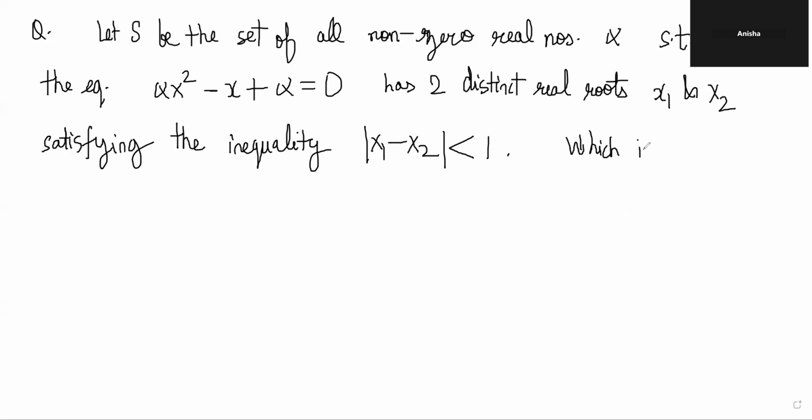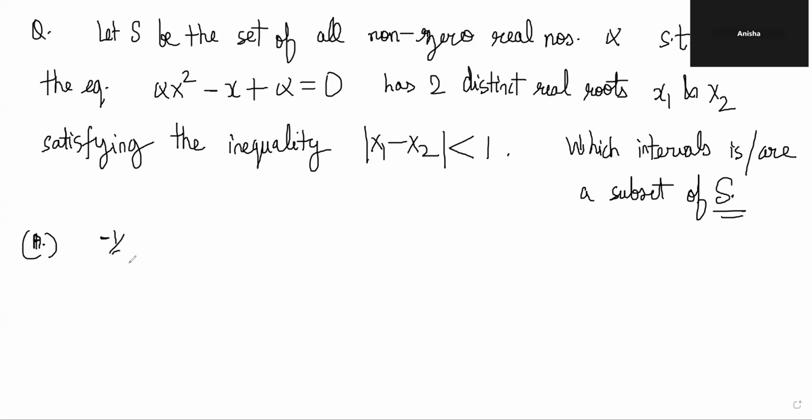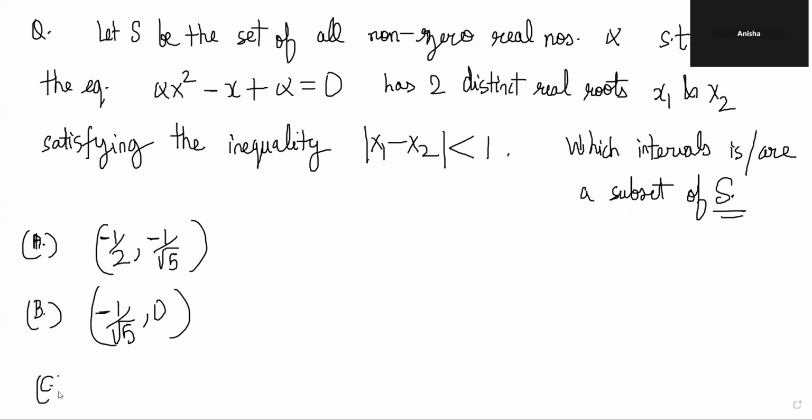Which of the following intervals is a subset of S? Option A: minus half to minus 1 by root 5, option B: minus 1 by root 5 to 0, option C: 0 to 1 by root 5, and option D: 1 by root 5 to 1 by 2.